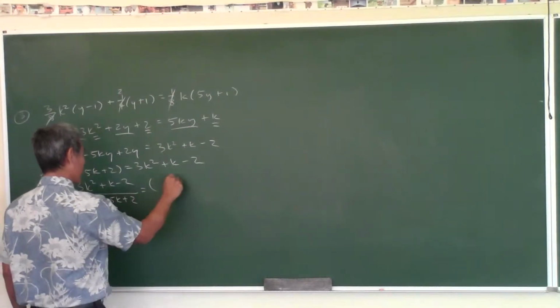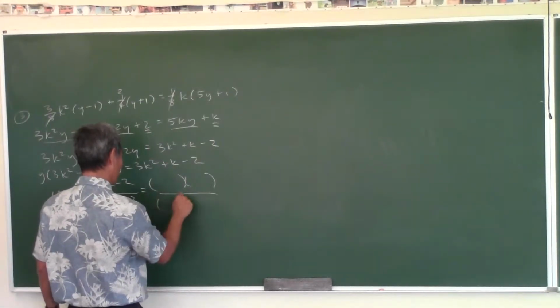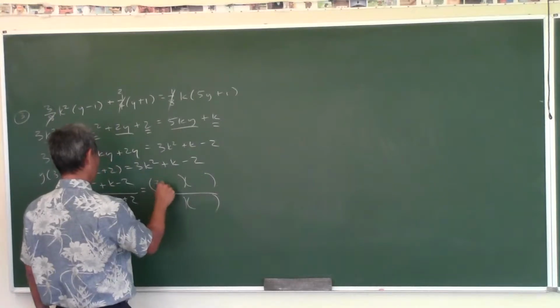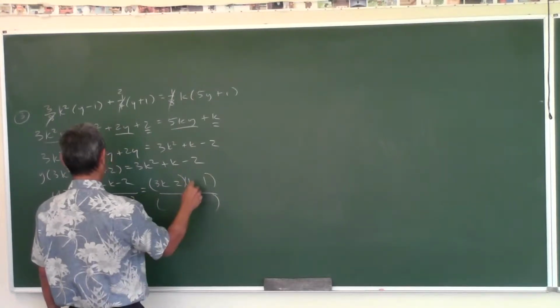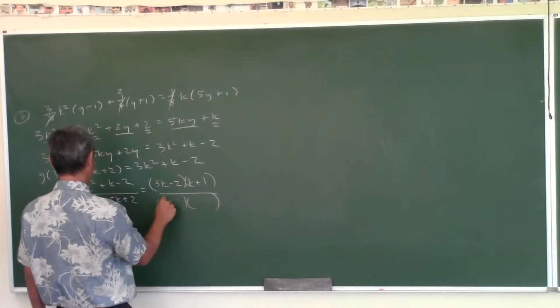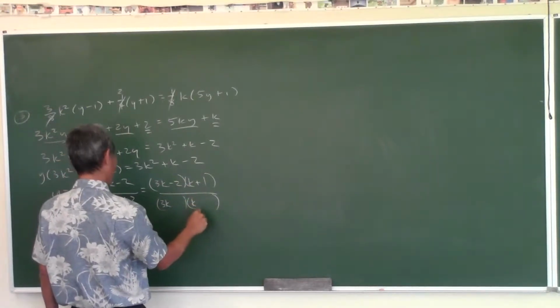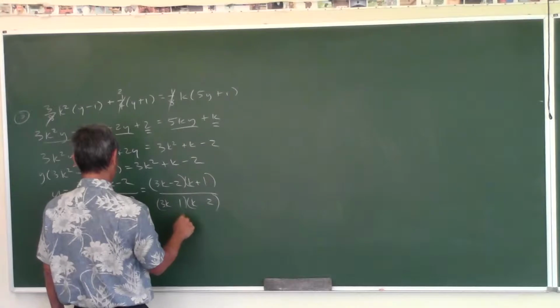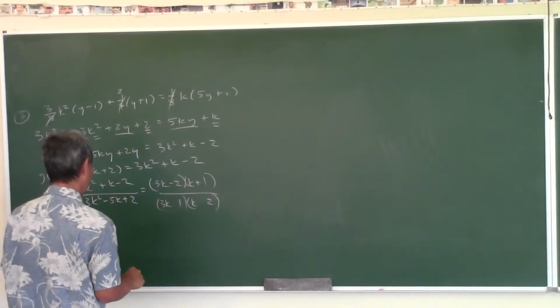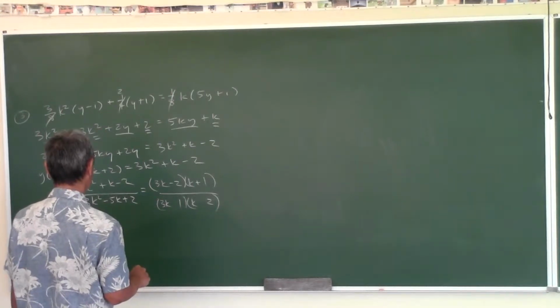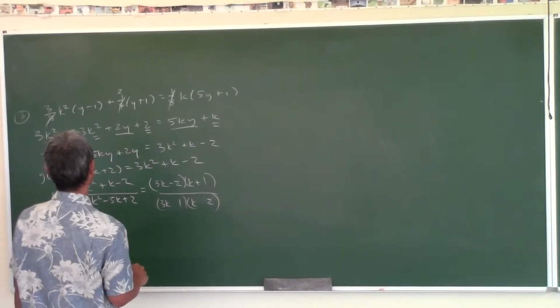So, is this factorable? Yes, it usually is. So 3k and k, 2 and 1, plus, minus? And this one is 3k and k, 2 and 1, minus, minus. Something's wrong here. Did I bring something over?